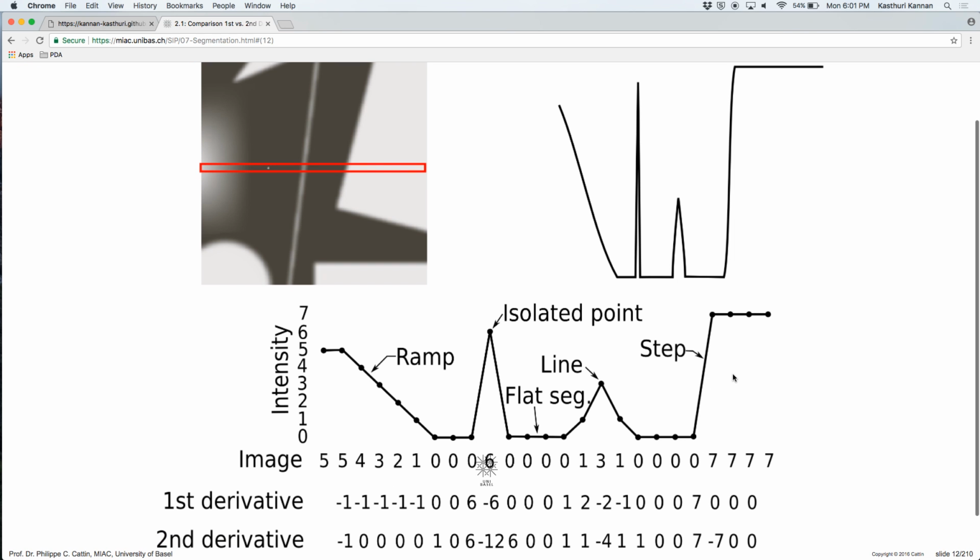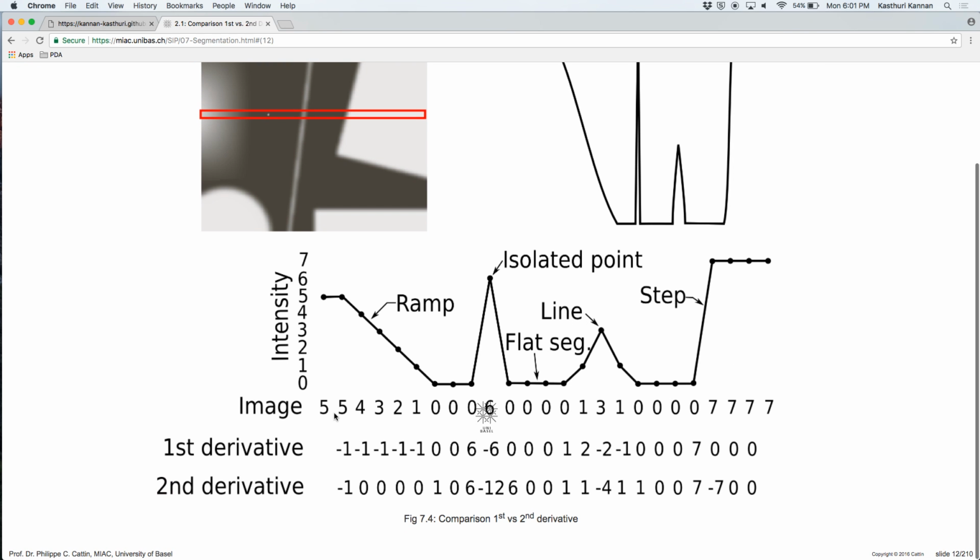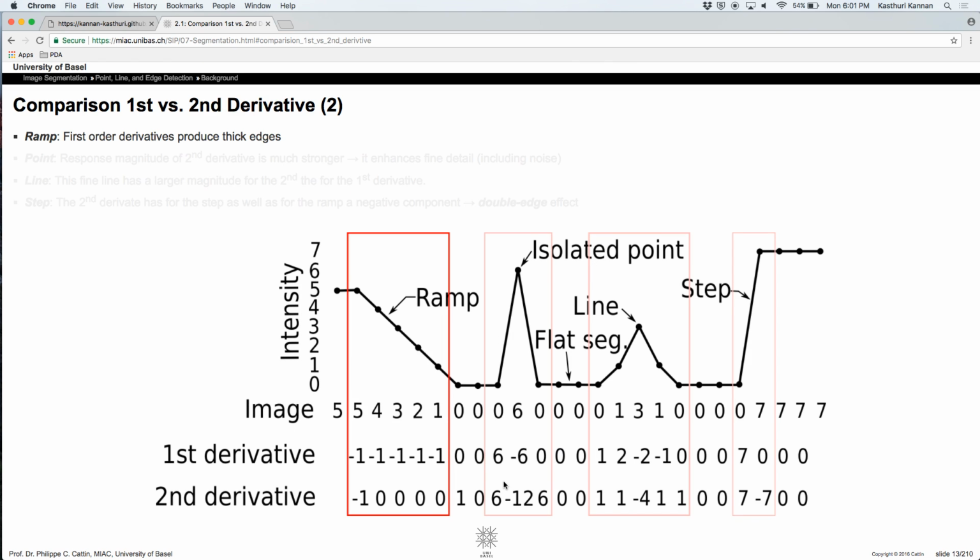So you have this signal, and the image values are like this: 5, 5, 5, 4, 3, and so on. If you take the first derivative, the discrete derivative, you have this formula, and you can also take the second derivative. There are some neat things here. The first order derivative produces thick edges.